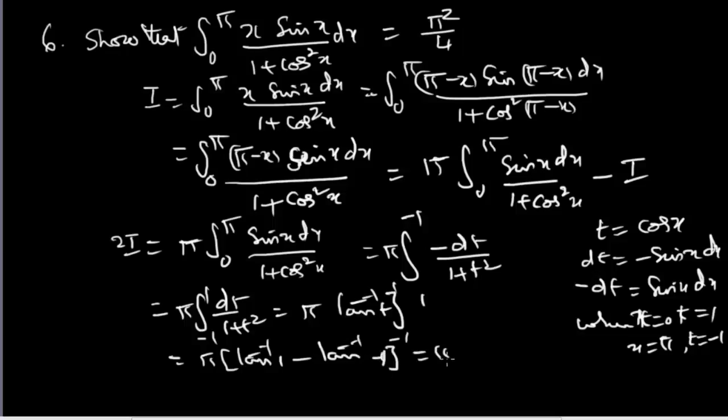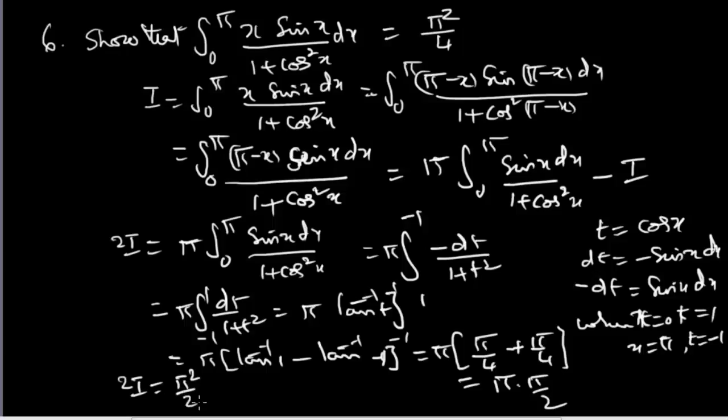So pi in the bracket: tan inverse 1 is pi by 4, minus tan inverse minus 1 is minus pi by 4, totally pi by 4 plus pi by 4, which is pi by 2. So 2I is equal to pi squared by 2. Therefore I is equal to pi squared by 4.